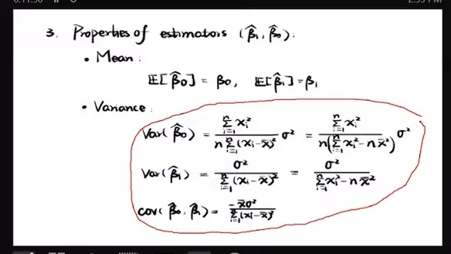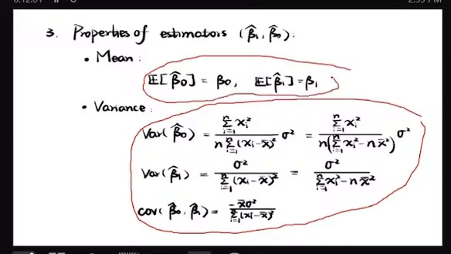Does that make sense? Why am I talking about variance here, and why am I not talking about mean square error? Because our estimators are unbiased, and that's why I want to focus on the variances.